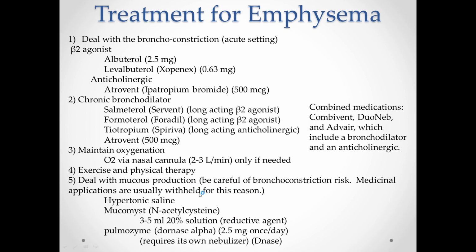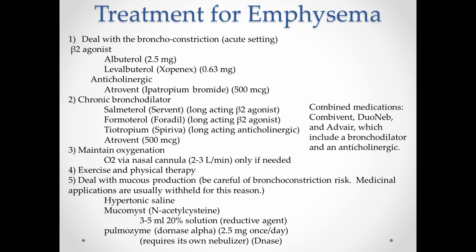Now, when I say that, you have to be careful about the risk of bronchoconstriction, especially with mucolytic medications. Here, these people have a propensity to have enhanced bronchoconstriction because of smooth muscle cell remodeling or increase in parasympathetic tone.